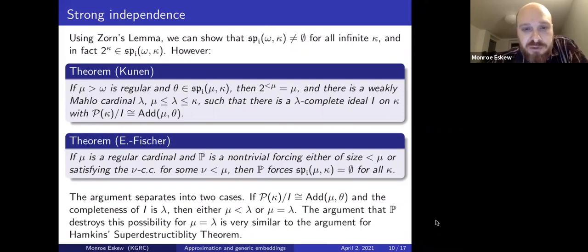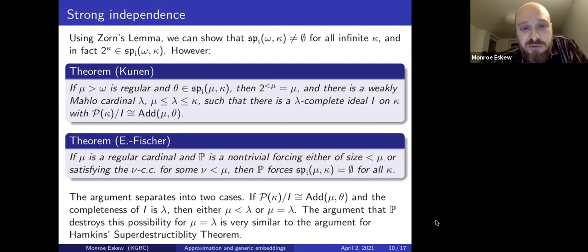And whenever you find one that's not a consequence of ZFC, you know that consistently the spectrum is empty. And as you'll see from the theorem statement, consistently it's empty everywhere except for mu equals omega. So it's a special situation.